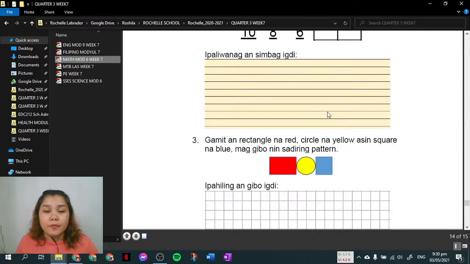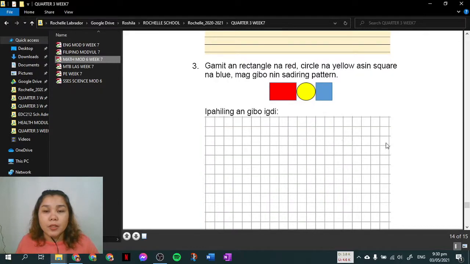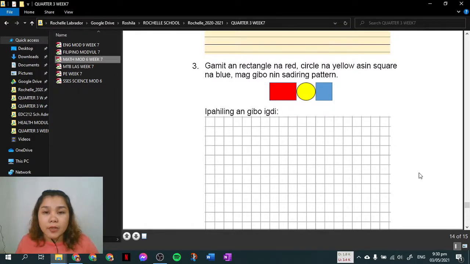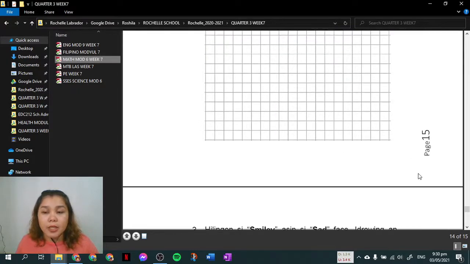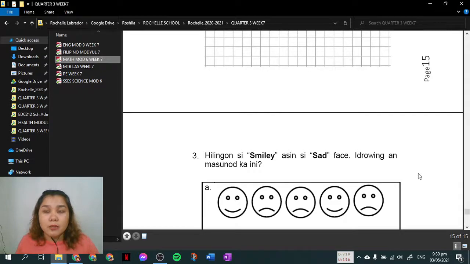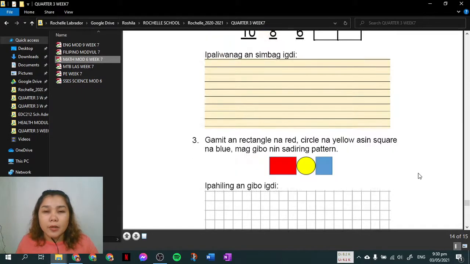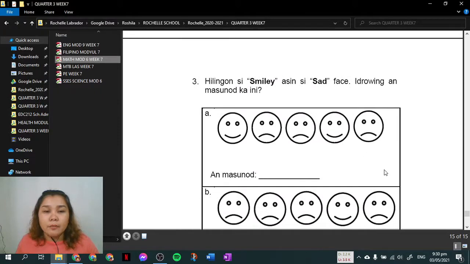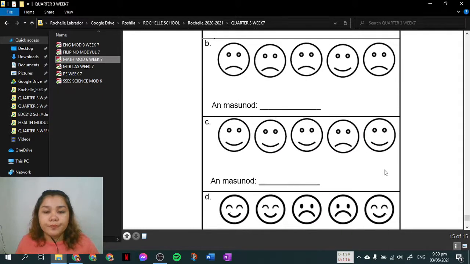So, yan for number 2 and then number 3. So, kayong bahala kung anong size ng rectangle, circle, and then rectangle, circle, and then square. And then, naman, pattern digdi.